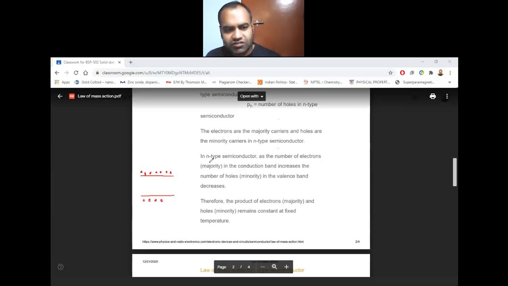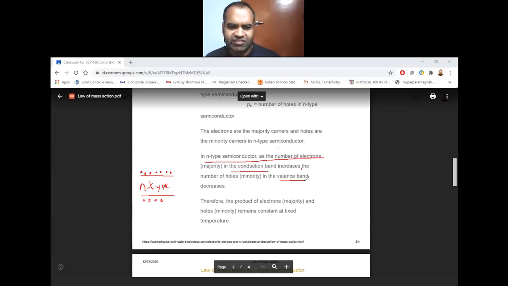So you see there are more electrons in the conduction band and fewer holes in the valence band. So this type of semiconductor is the n-type. Number of electrons in the conduction band increases, the number of holes or minority carriers in the valence band decreases. Okay, so that is the thing.